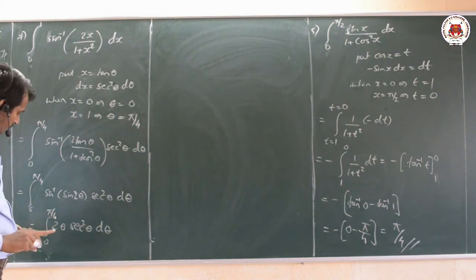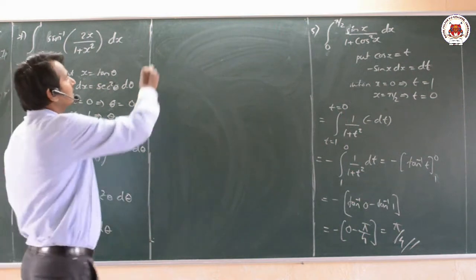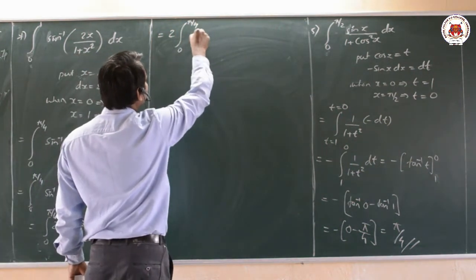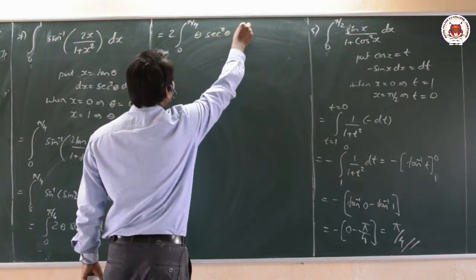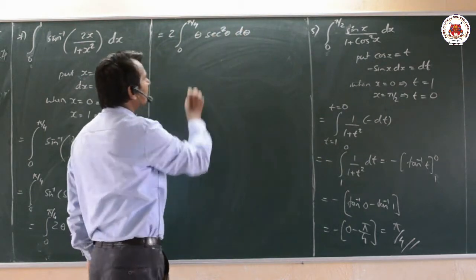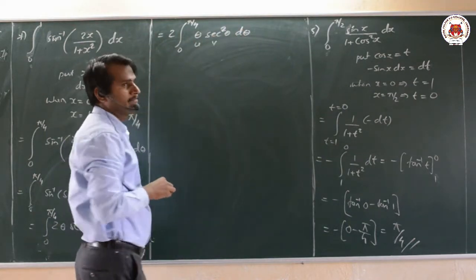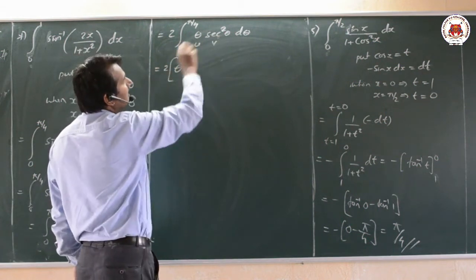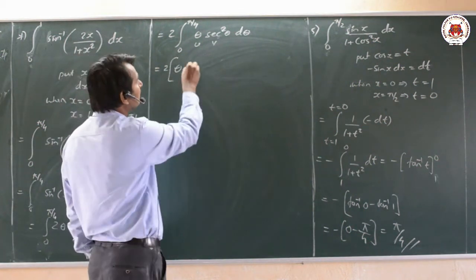Now you can take 2 outside and integrate, which is equal to 2 into the integration from 0 to pi by 4 of theta into secant square theta d theta. Now you can integrate by parts, that is u into v. We get 2 as it is, theta as it is, times the integration of secant square theta. What is the integration of secant square theta?